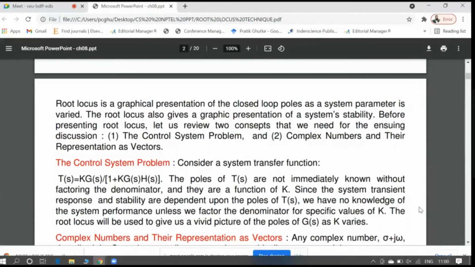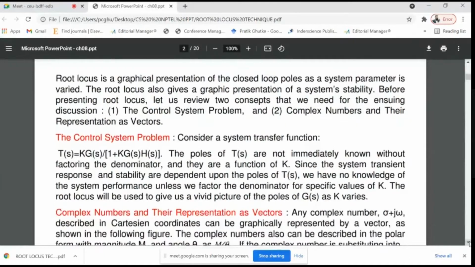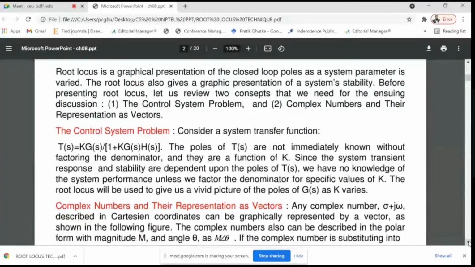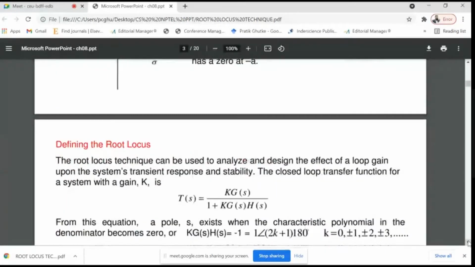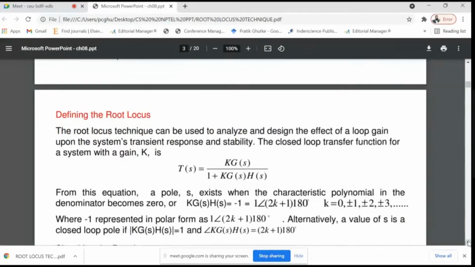Yes, just keep in mind, for any given transfer function, there will be some numerator and then a denominator. The denominator gives your poles, and the numerator gives your zeros. So any transfer function consists of poles and zeros. Poles lie on the denominator side and zeros lie on the numerator side of the transfer function. Is that understood? Keep that in mind.